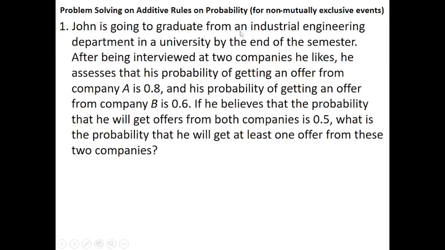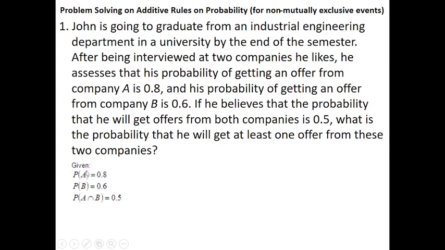So John is going to graduate from an IE department in a university. After being interviewed at the companies he likes, he assesses that his probability of getting an offer from company A is 0.8. So this is the assessment of John.